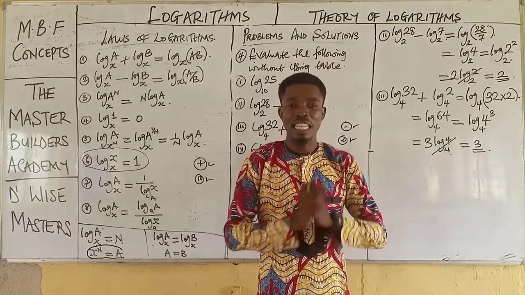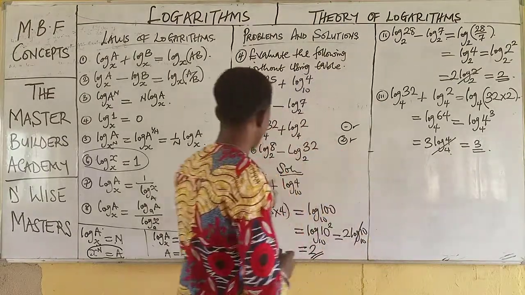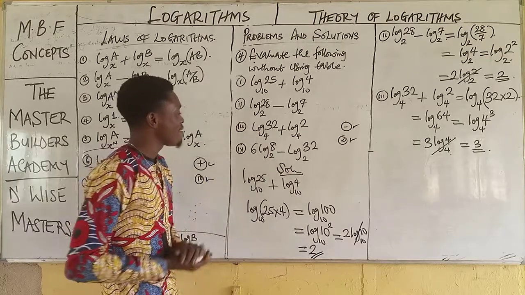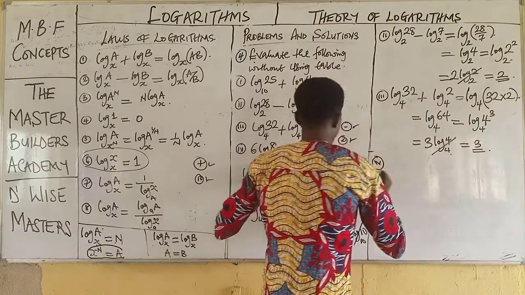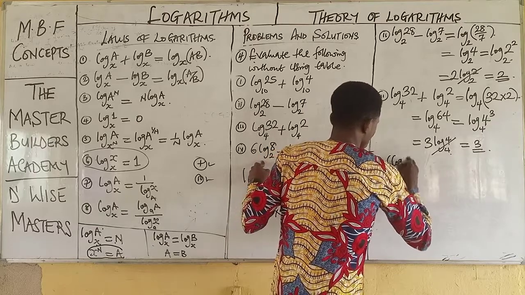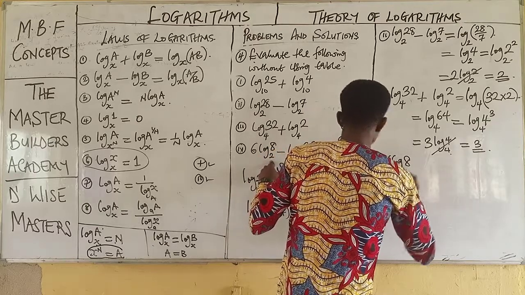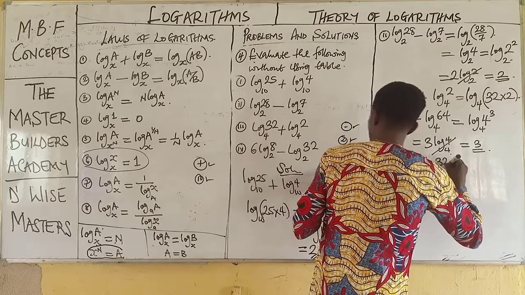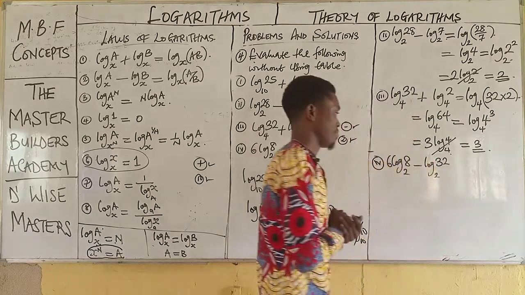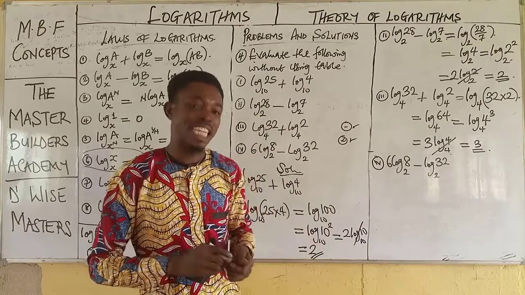Now, the last but not the least in this session is question number 4. Now, in question number 4, we have 6 log 8 base 2 minus log 32 base 2. Is this not wonderful? It is wonderful.